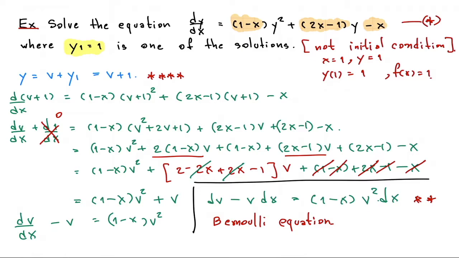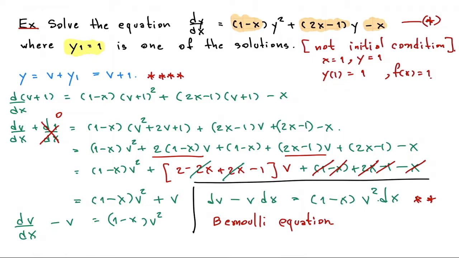You need to go back and look at what you have done wrong. If you have one solution and the equation is Riccati, then when you substitute y equals v plus y1, which is plus 1 in this case, you're going to get a Bernoulli equation for sure.